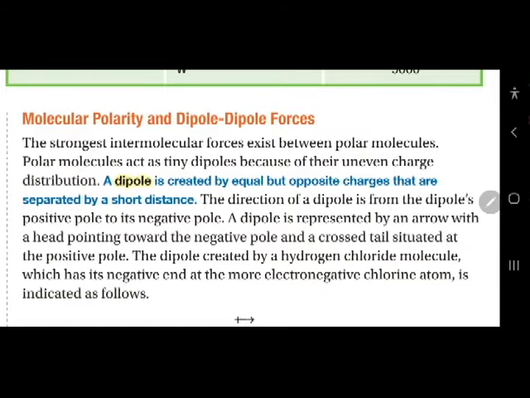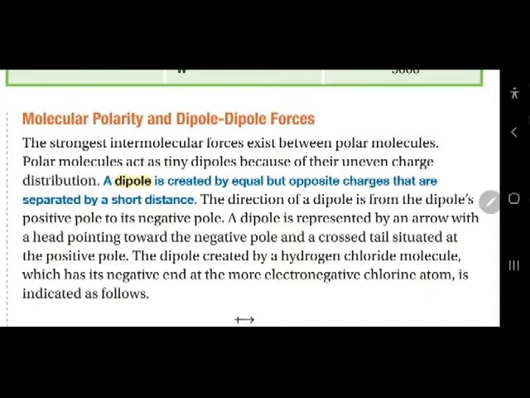As you can see here on this page, the strongest intermolecular forces exist between polar molecules. The polar molecules act as tiny dipoles because of their uneven charge distribution. So a dipole is created by equal but opposite charges that are separated by a short distance.